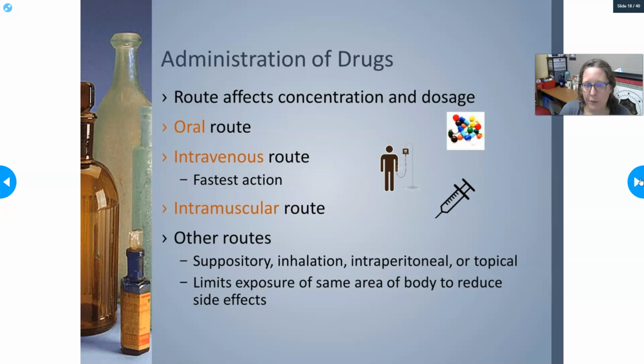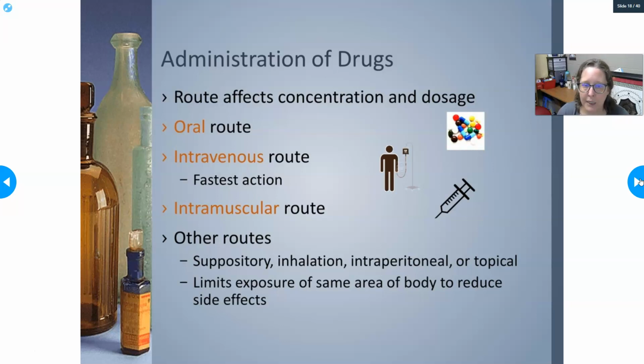So the route of administration of drugs can affect its concentration and dosage. The oral route's quite common, a lot of over-the-counter stuff there. Again, taken orally, you have to swallow it. It has to absorb. IV is going to be the fastest, obviously, because it's straight into the veins, so straight into the systemic circulation.